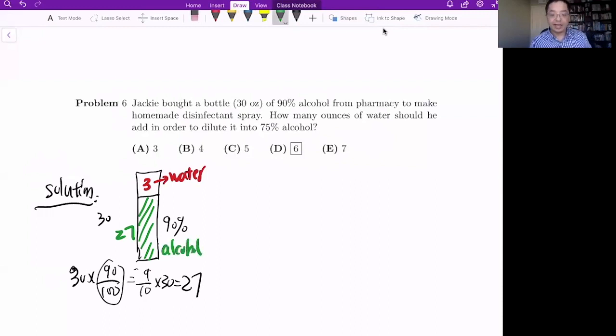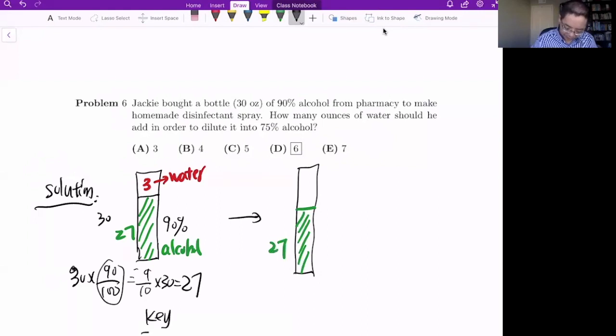Now he added more water into the bottle. As I said, the amount of alcohol does not change. It's still 27. So here's the key: the amount of alcohol does not change.